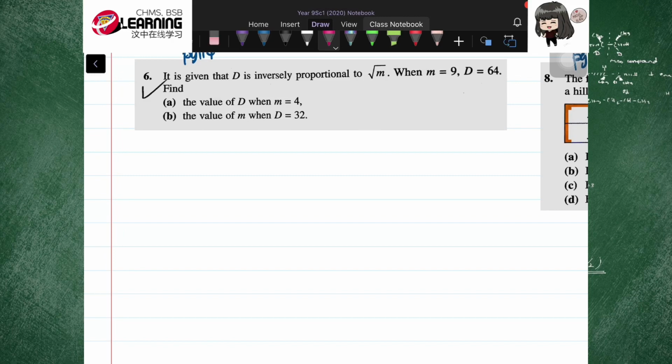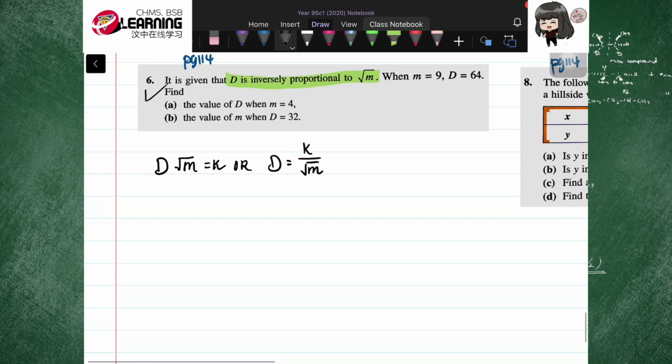So number 6, it is given that D is inversely proportional to the square root of M. So we can say that D times the square root of M equals K. In any form, it's the same. I will write either one only. So D equals K over square root of M.